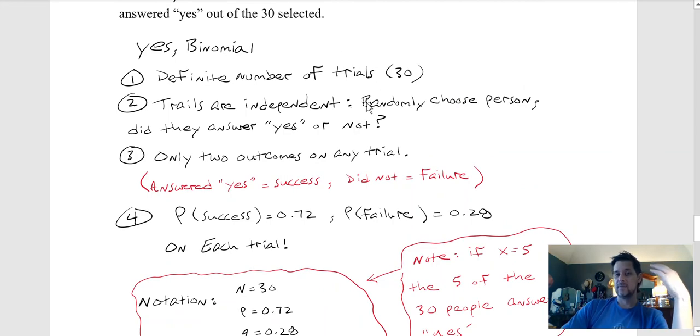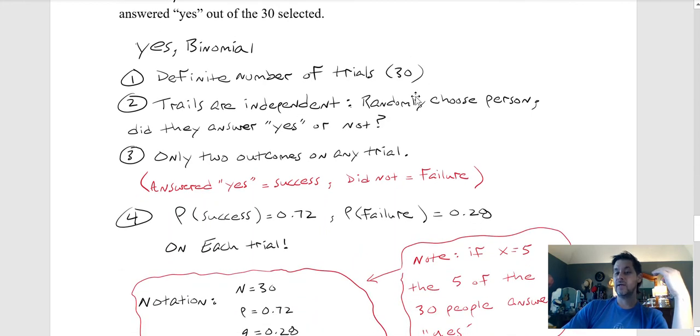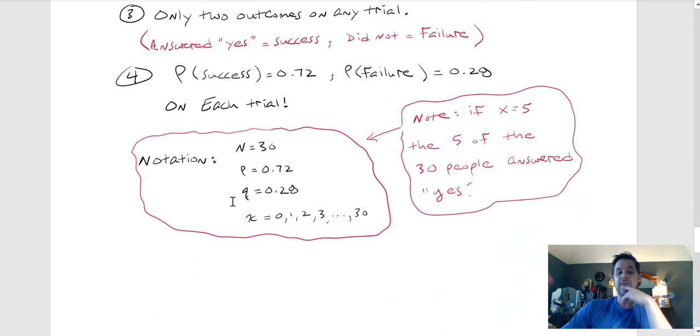The experiment is to select a group of 30 people, and the trials are to go through them one by one and record if they answered yes to the survey or not. So for the random variable, just for the sake of example, if X was 5, that would mean 5 of the 30 people selected answered yes to that survey question.